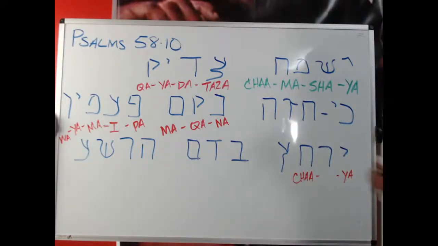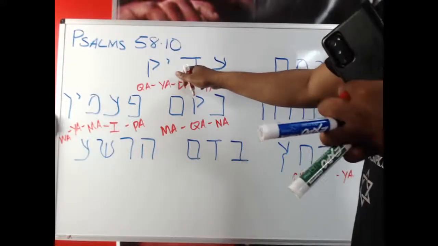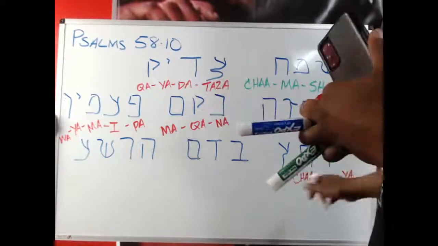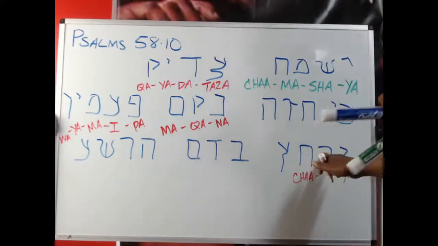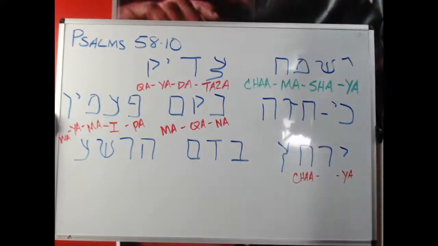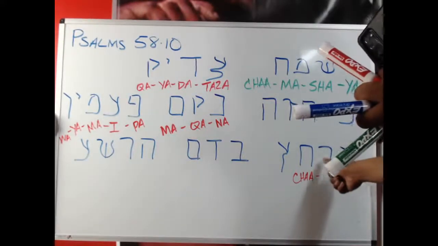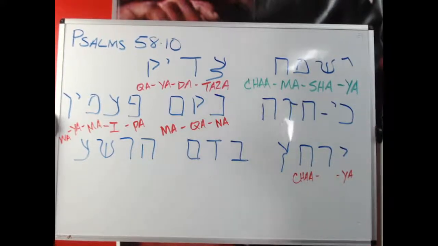Now, we saw Da earlier that kind of looks like a T, but now we have something a little different, something a little more curvy. We spoke about this earlier in class. So if it's not a straight line that looks like the Da, what is it? If it's not the Da with the straight line, but we have a curved line, what is it?